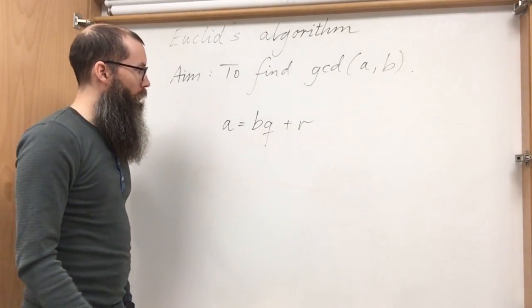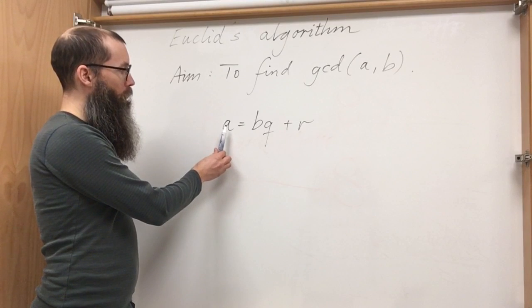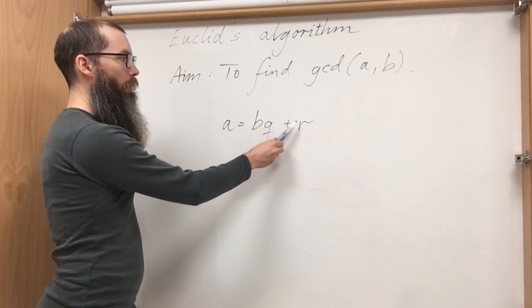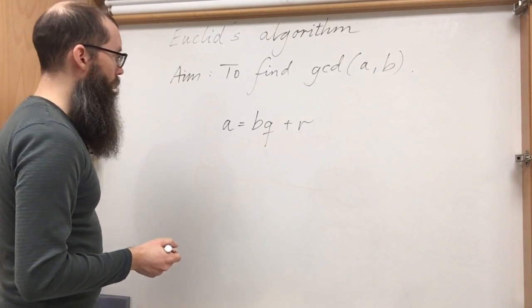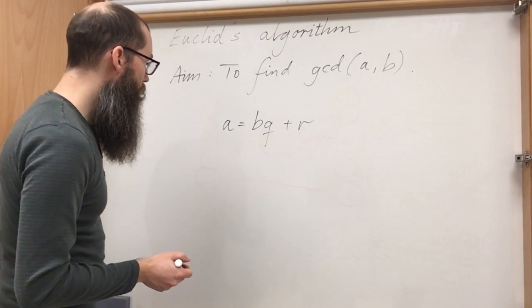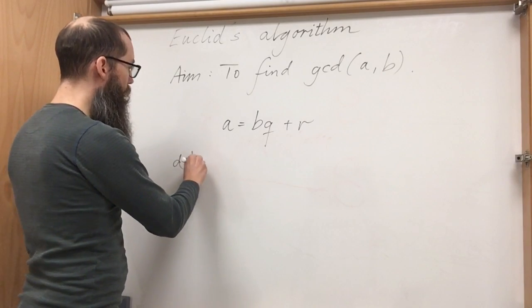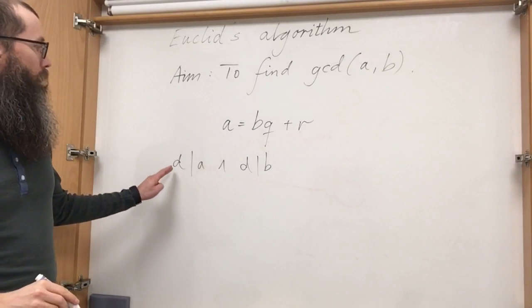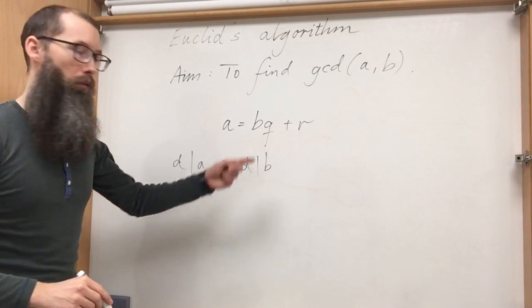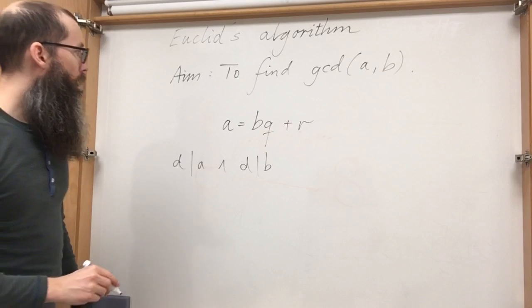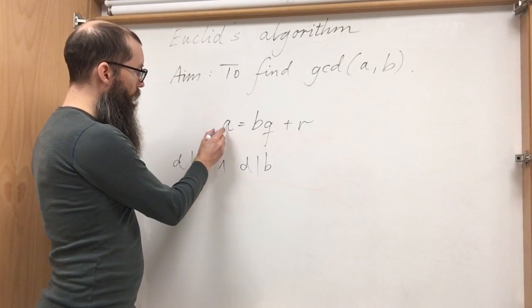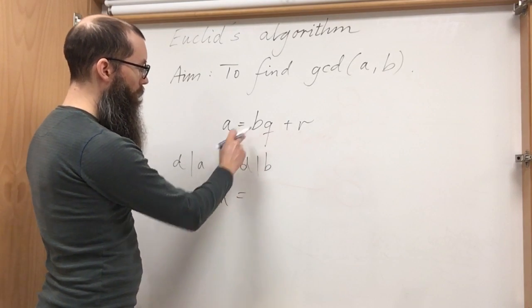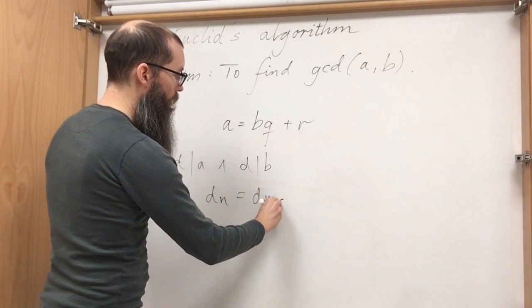So I'm going to show that all the common divisors of A and B will also be common divisors of B and R. So let's look at that. Suppose D divides A and at the same time D divides B. That means that D is a common divisor of A and B. Well, then A can be written as D times some n, and B can be written as D times some m.